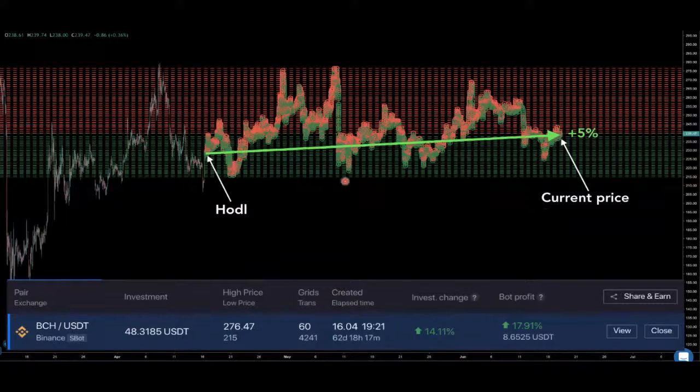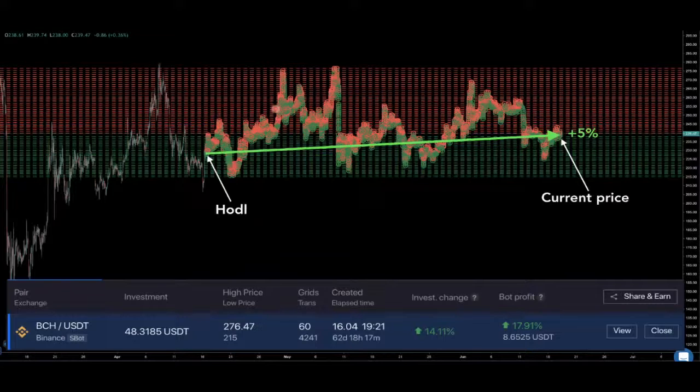So you see I have this hodl over here pointing to this price. Imagine that you just buy, in this case, Bitcoin Cash, over here at that price, at that point in time, and of course you then expect that the price will move higher and you will make some decent returns.